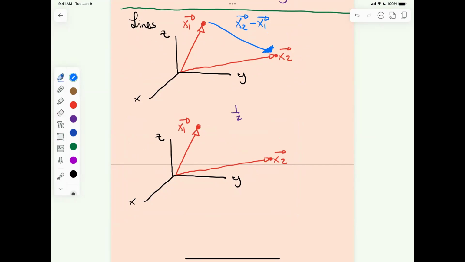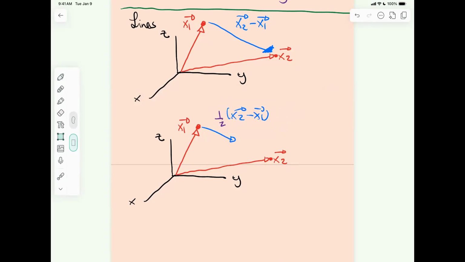So if I do 1/2 of x2 minus x1, what is that vector? It points in the same direction as x2 minus x1, but it has half the size. So this would look more or less somewhere like that. Half the size of the vector, right?